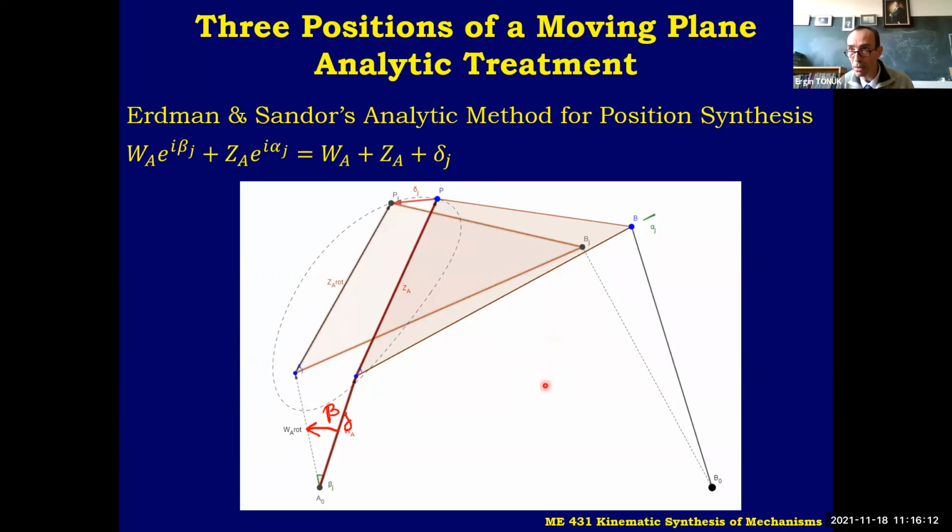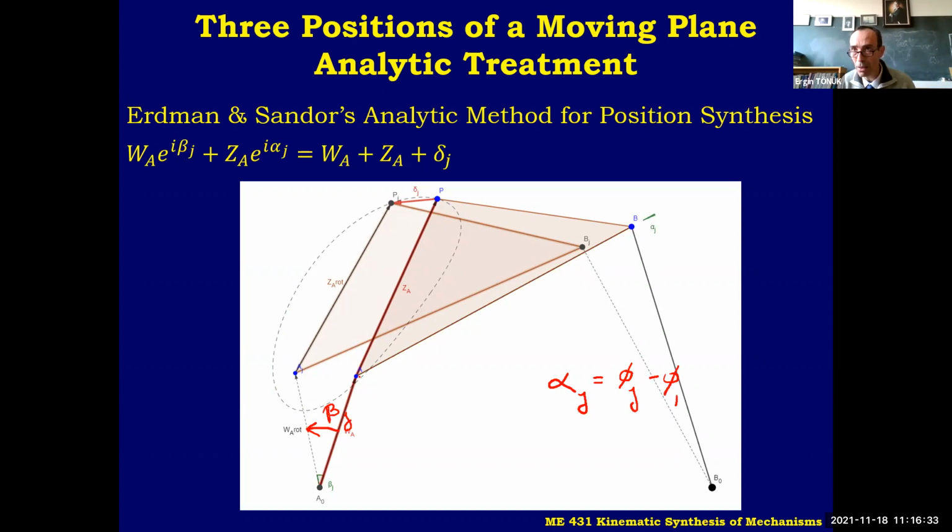Alpha, yeah, that's the laser pointer, I'm sorry. So alpha J is phi J minus phi 1.